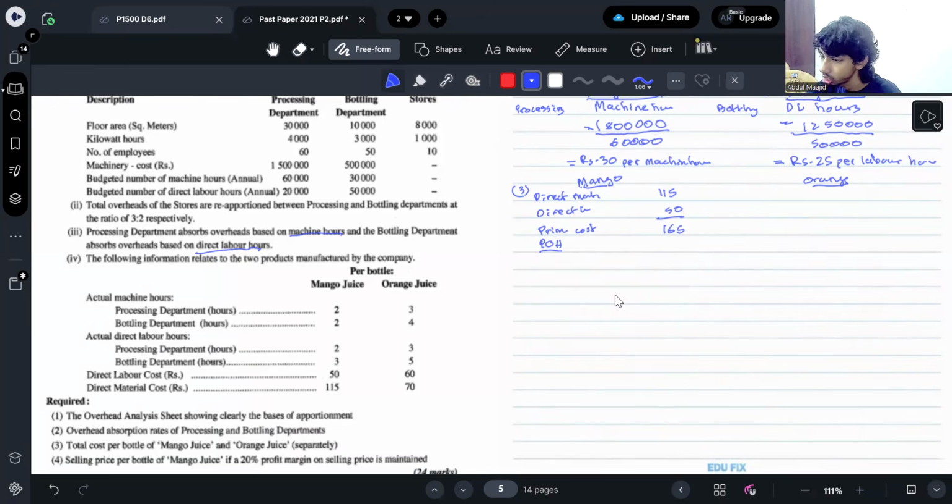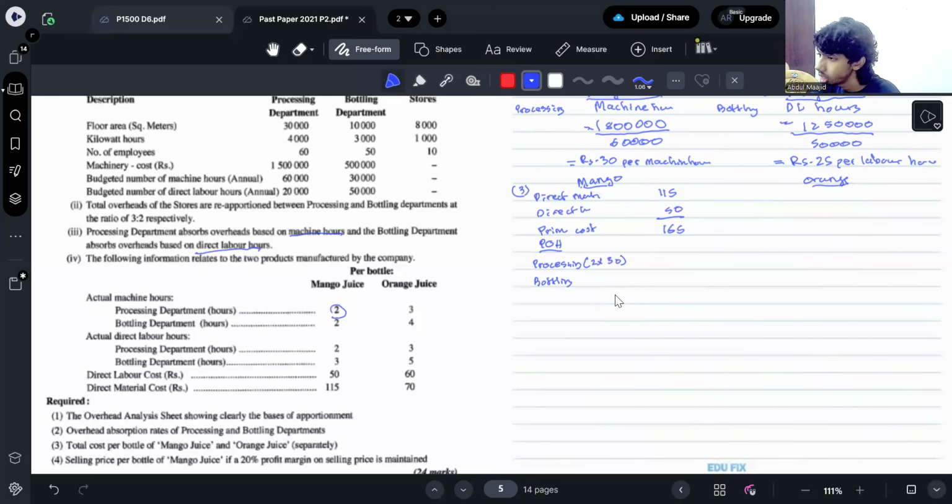So firstly, we have our overhead cost centers, the processing department and bottling department. Under processing department to produce mango juice, you are using 2 hours. That means 2 machine hours. For 1 hour, it's 30 per machine hour.